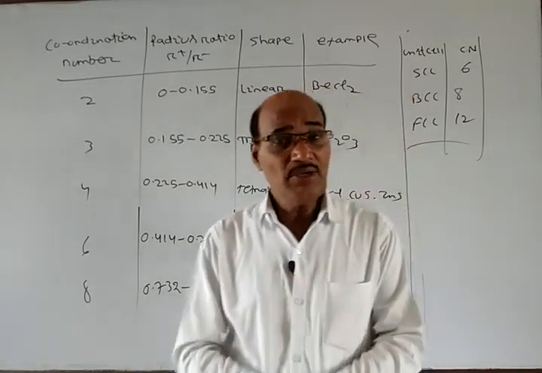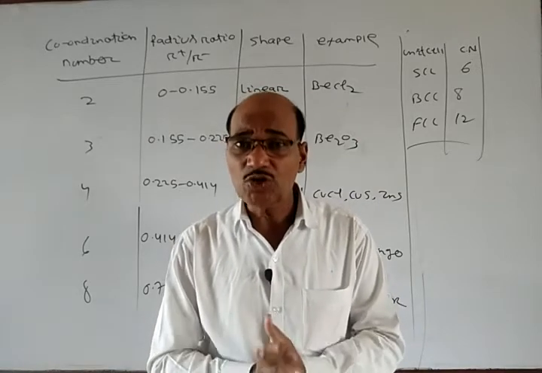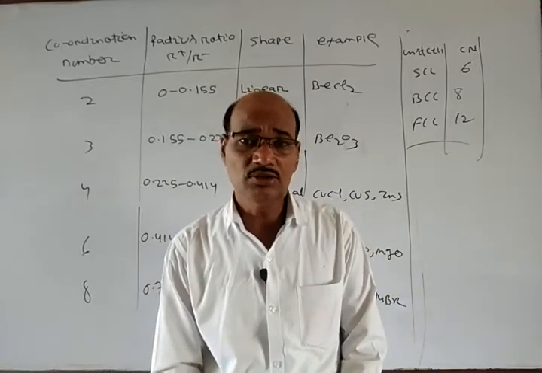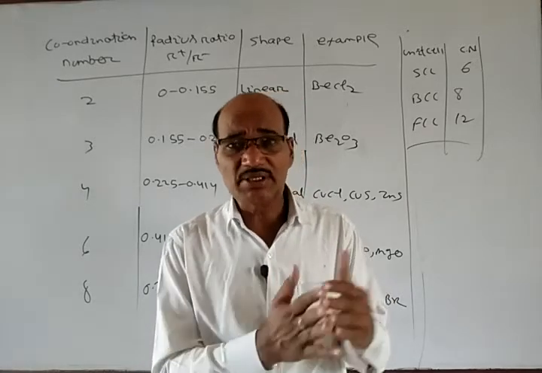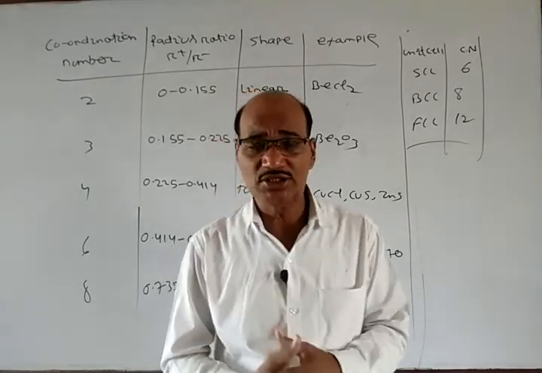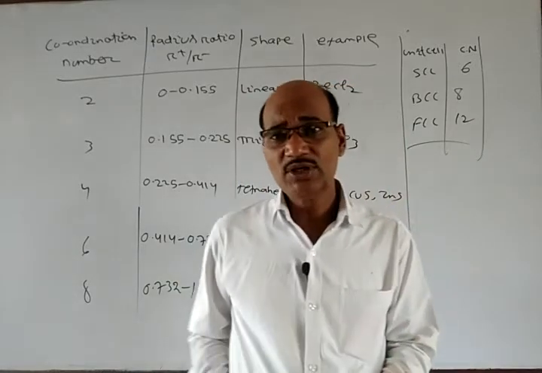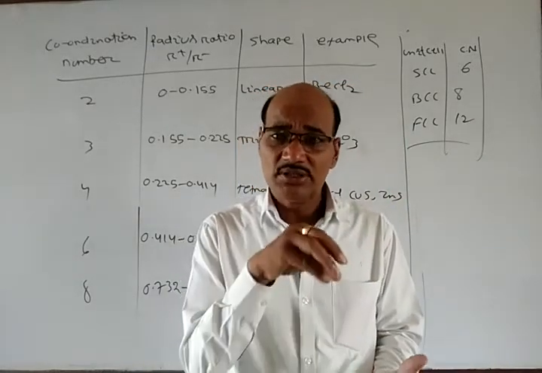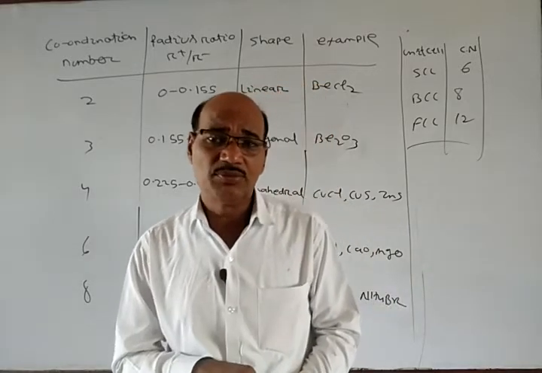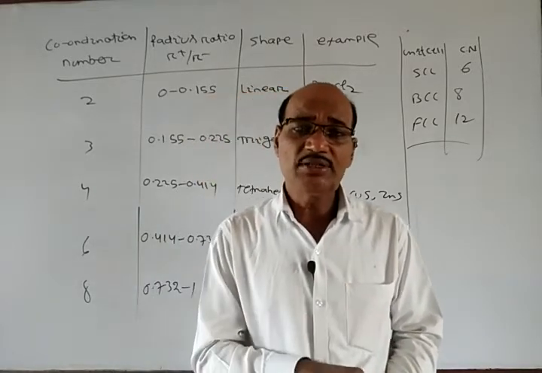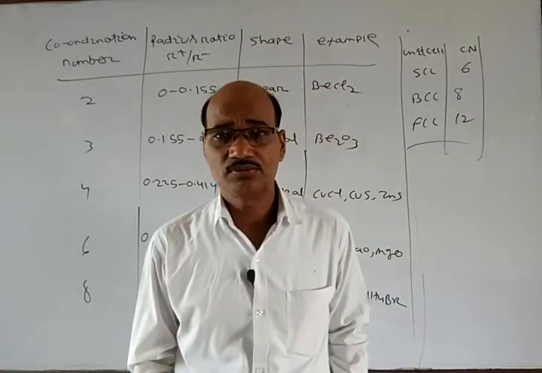Now, when we are going to discuss the ionic compounds, in ionic solids we have a cation and anion, so the ratio of the radius of the cation and anion determines the coordination number, and accordingly we can determine the shape.